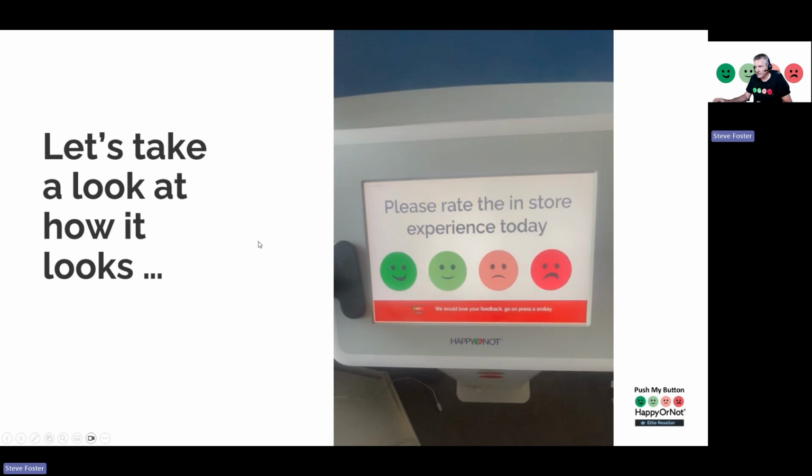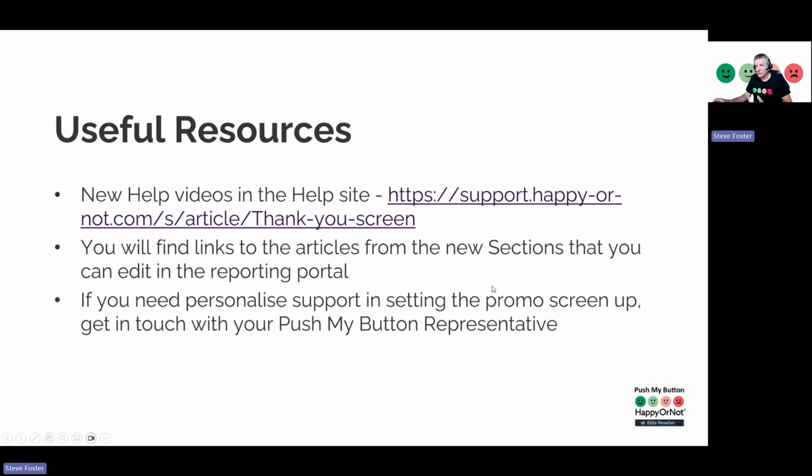I hope you like that functionality, and I think it has quite a lot of ways to enhance and drive more feedback now, with the ability to update those open message texts, as well as now the thank you page. There's lots of help videos and help online through the standard HappyOrNot help page. You just need to search up thank you screen or promo screen, and you'll find all the useful articles that you need.